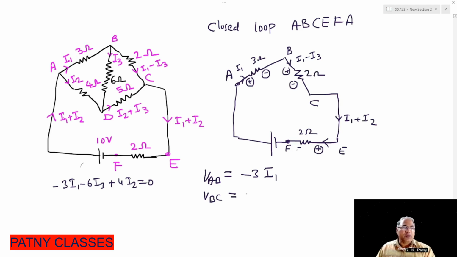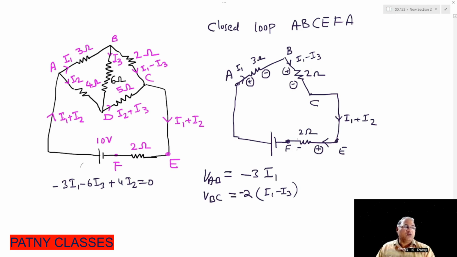Therefore, VBC is minus 2 into (I1 minus I3). After that, we came to C. Now C to E, there is no resistor, no cell, so directly we come to E.